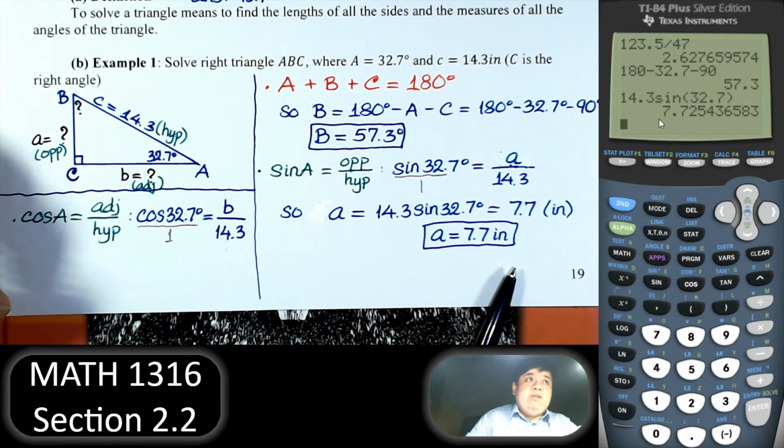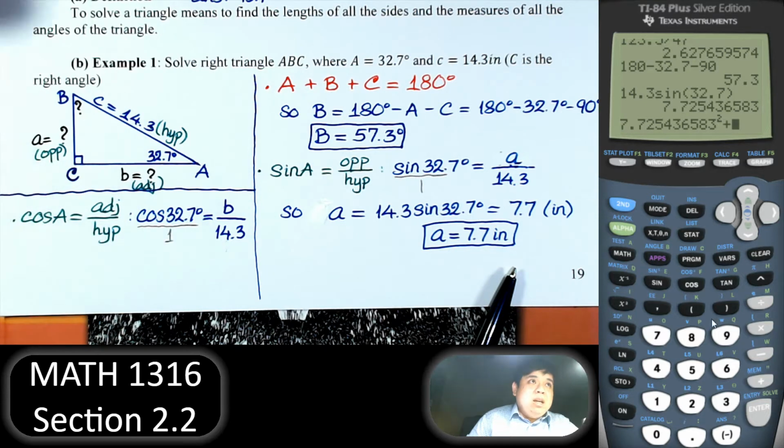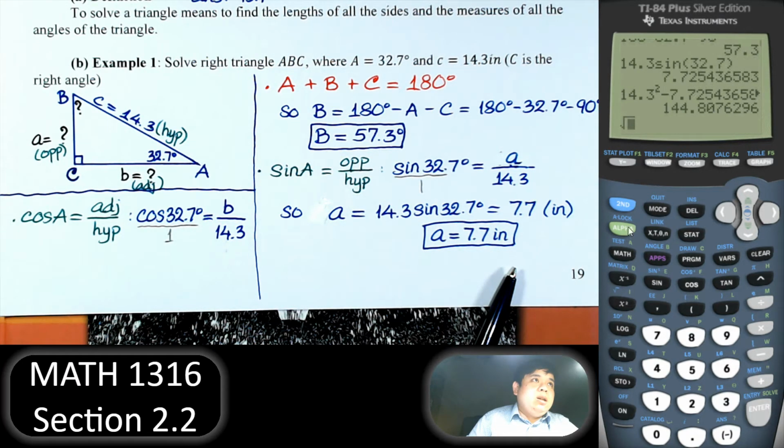I'm going to use 7.72546. I've used about 5 or 6 decimal places here, or I can use the whole thing. So I can just take that number squared plus b squared equals c squared. In fact, what I would do is 14.3 squared, that hypotenuse squared, minus that number squared, and then I take the square root.